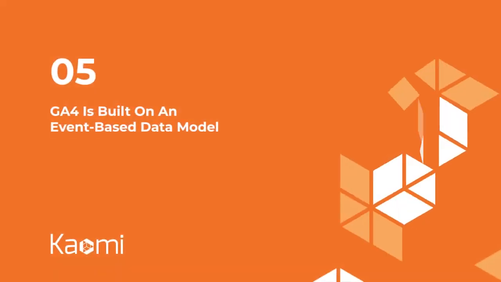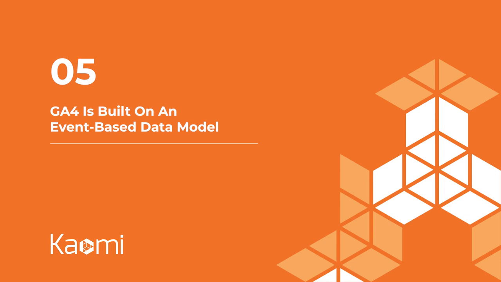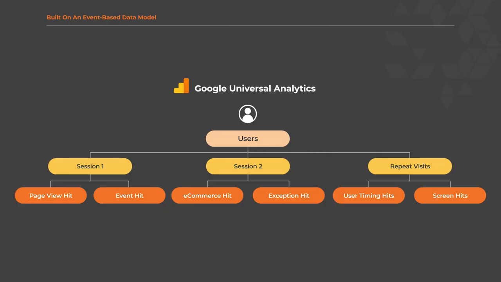Fifth on our list is that GA4 is built on an event-based data model. The baseline unit of measurement in Universal Analytics is a hit. A hit contains information about a user's interaction with a web page.